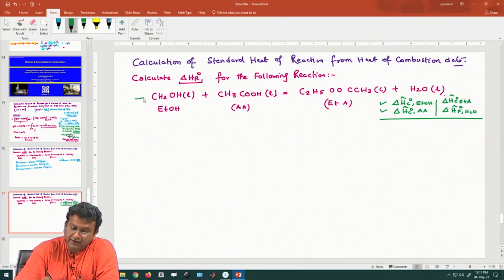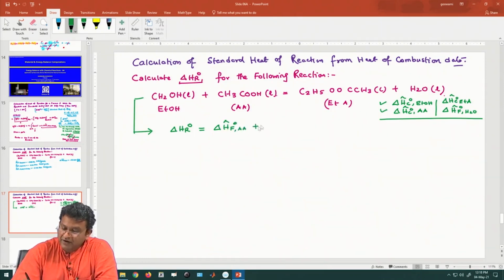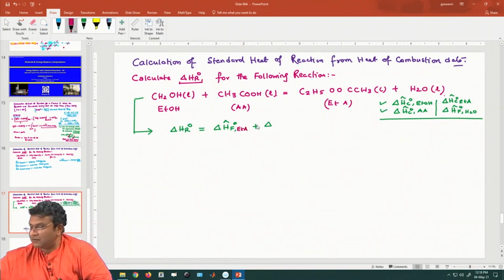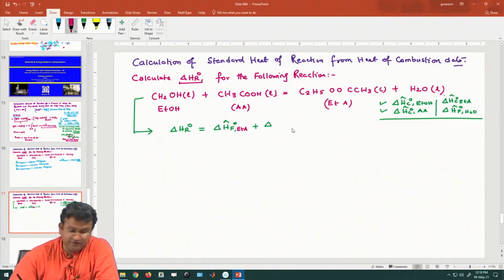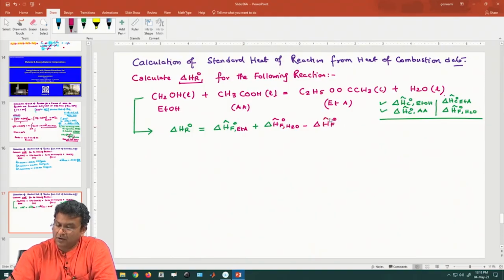So, to calculate the standard heat of reaction for this equation, we know that the expression is going to be the standard heat of formation of ethyl acetate plus water, minus the standard heat of formation of ETOH, minus the standard heat of formation of acetic acid.